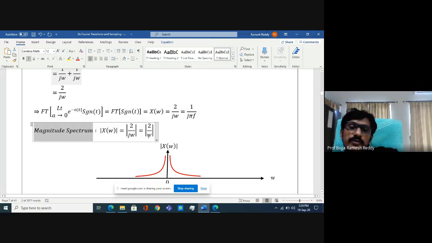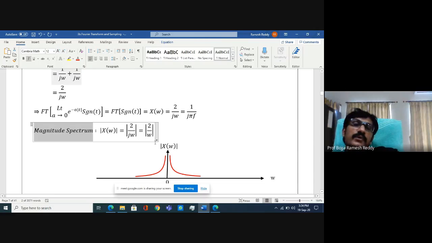If omega is equal to 0, what happens? 2 by 0 is infinity. It means at the origin, the amplitude is very large, infinity. After that, as omega increases, 2 by omega decreases, so the amplitude goes on decreasing.